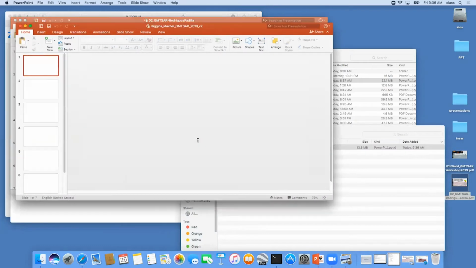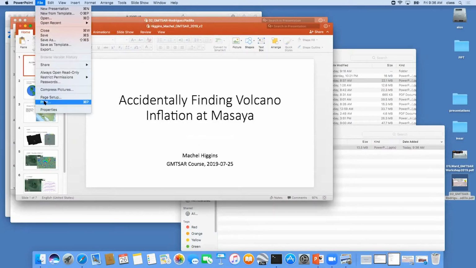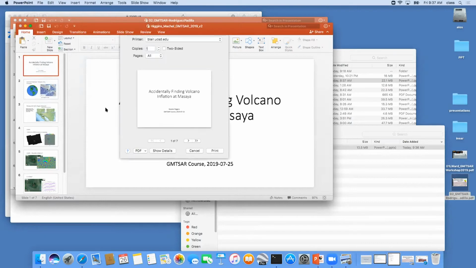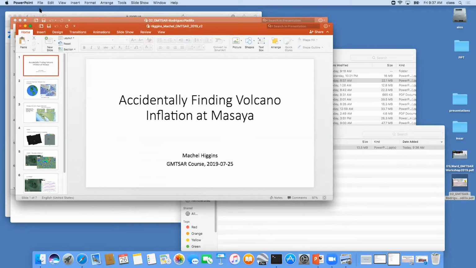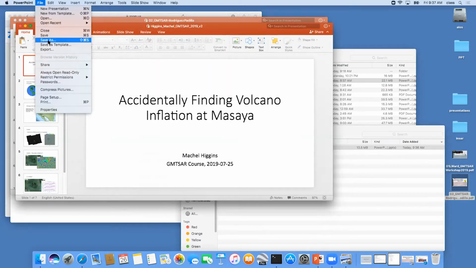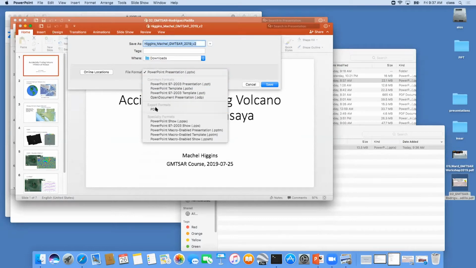Is PDF okay? Yeah, because then you get the full screen. Or you could do it in Google Drive. No, PDF is fine. You'll convert it anyways at some point. Oh no, cancel. Save as PowerPoint PDF.